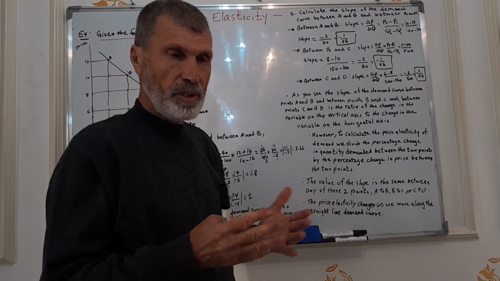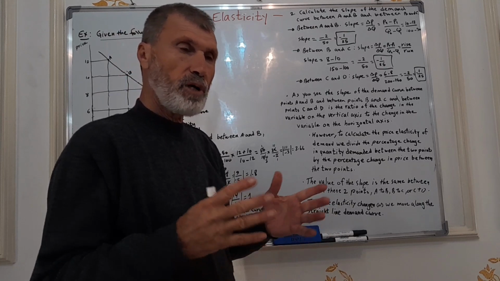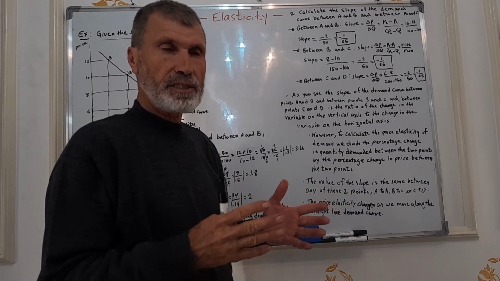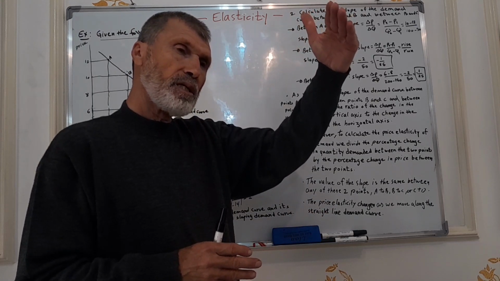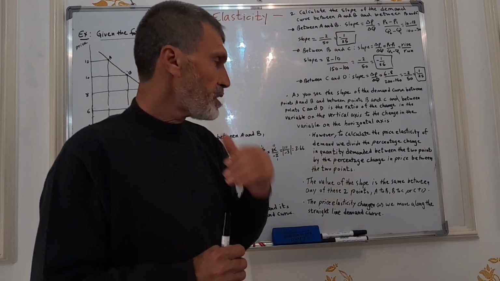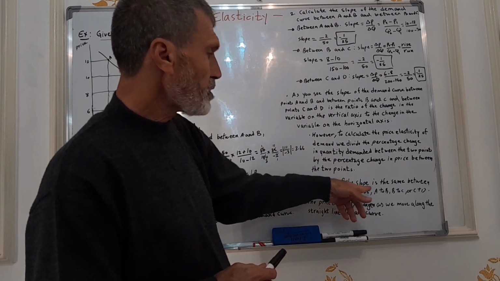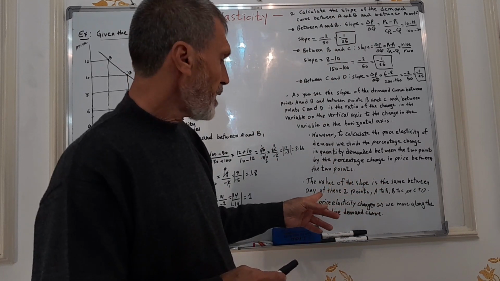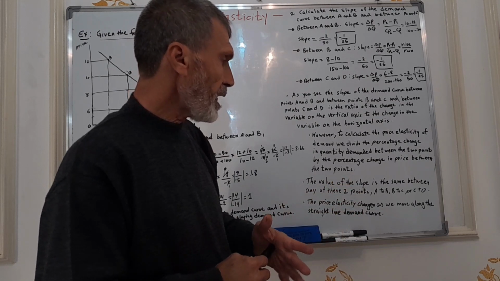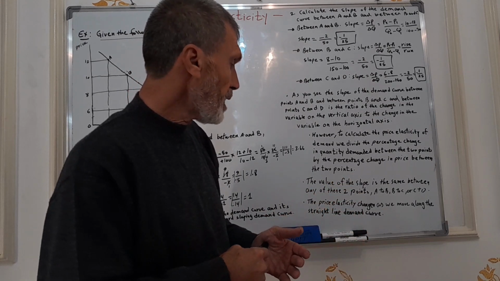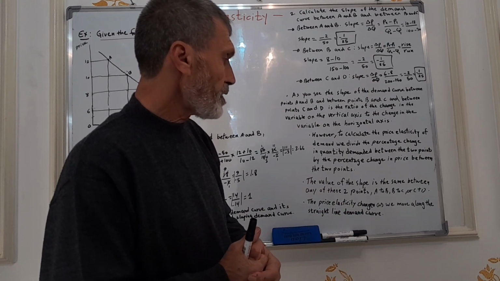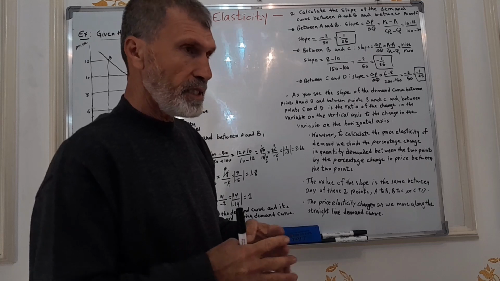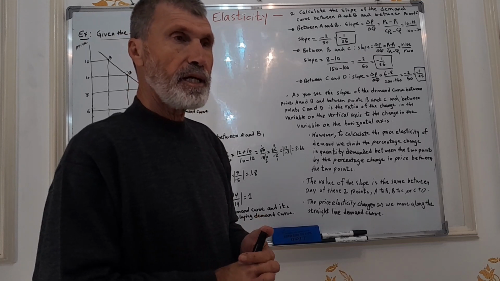We have already said the formula: it's equal to the percentage change in the quantity demanded over the percentage change in the price. So the value of the slope is the same between any of these two points, A to B, or B to C, or C to D. However, the price elasticity of demand changes as we move along the straight line demand curve.